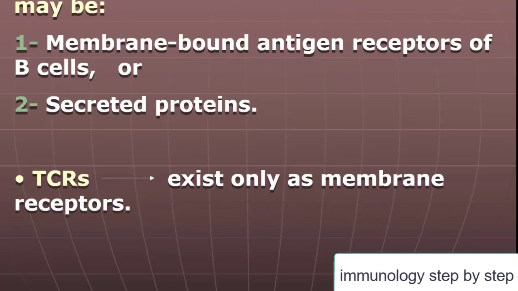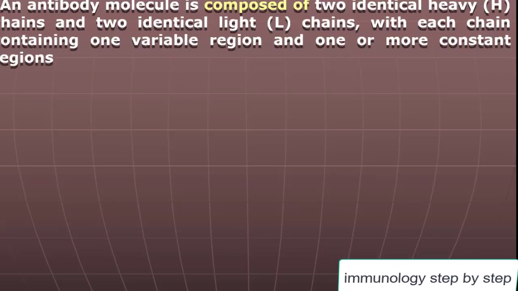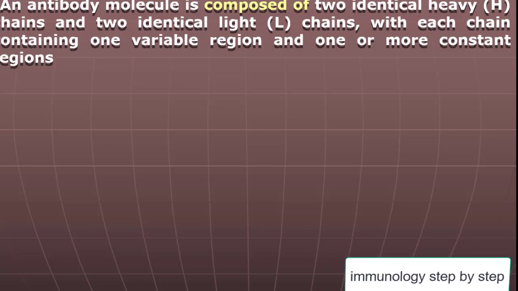Antibodies, or immunoglobulins Ig, may be the membrane-bound antigen receptor of B cells or secreted proteins. The TCR exists only as a membrane receptor. An antibody molecule is composed of two identical heavy chains and two identical light chains, with each chain containing one variable region and one or more constant regions.